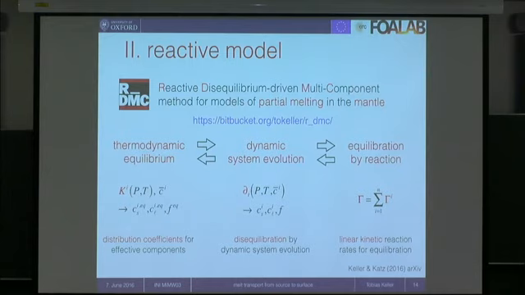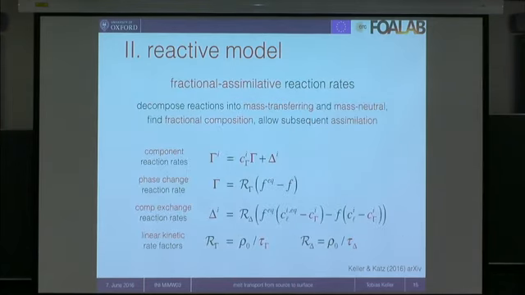And in order to drive the system continuously back to its equilibrium, we apply reaction rates. Now, if we know equilibrium and we know the current state of the system, there are various ways one could prescribe these, and we do a very simple linear kinetic approximation, or linear kinetic parameterization, for these reaction rates, which capture some of the ideas that there might be a specific composition of melt that is being produced in melt reactions, and that could, for example, be the fractional melt composition.